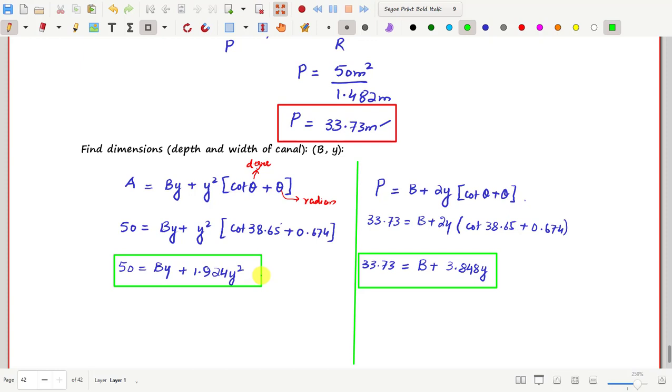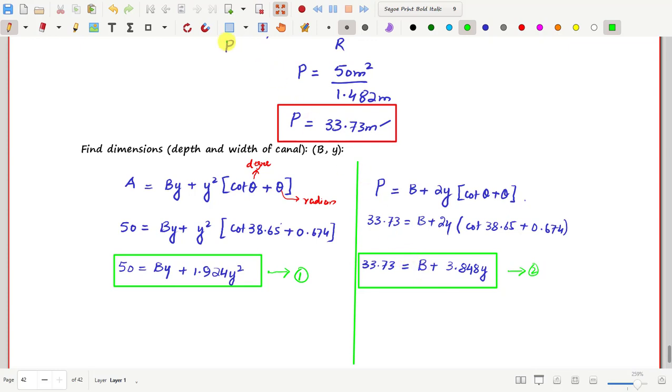Okay, fine. Now we need to put the value of b in equation number 2. Do one more thing. Name this equation number 1 and name it equation number 2.